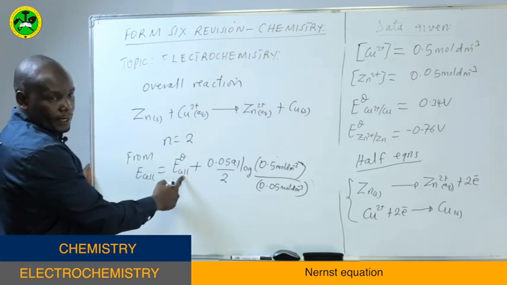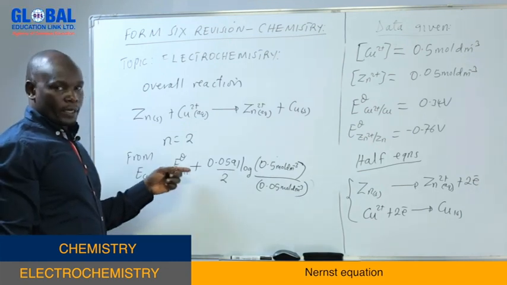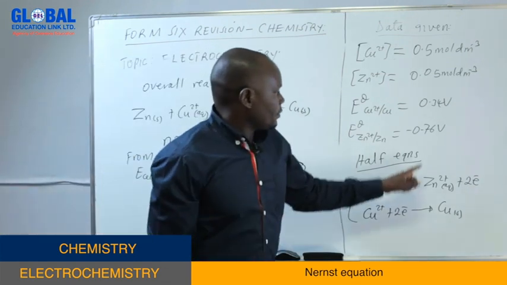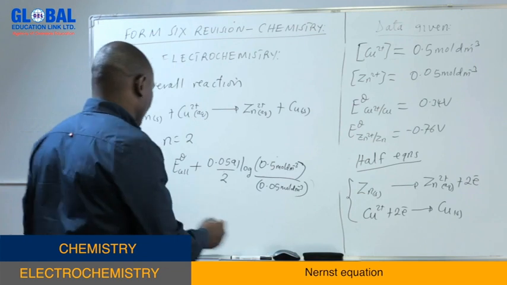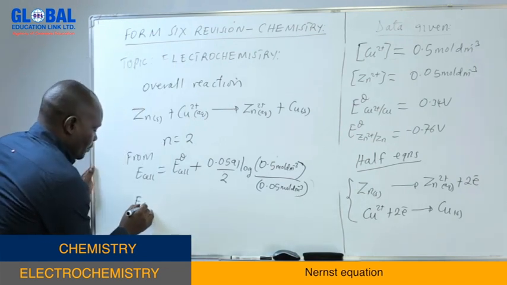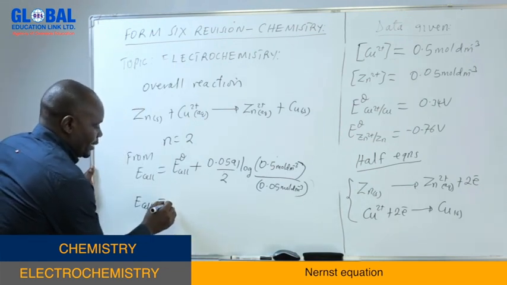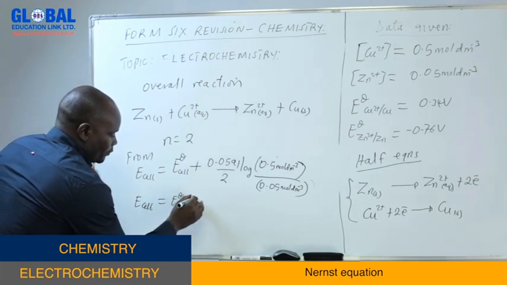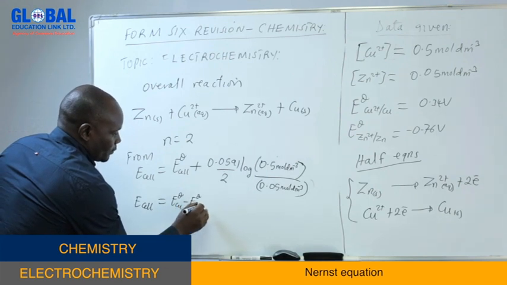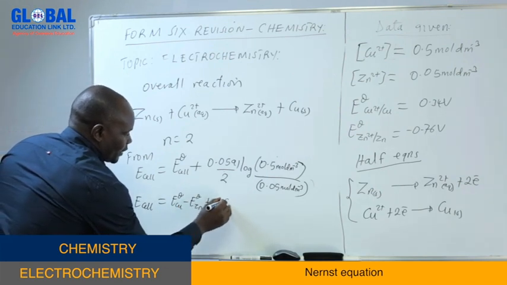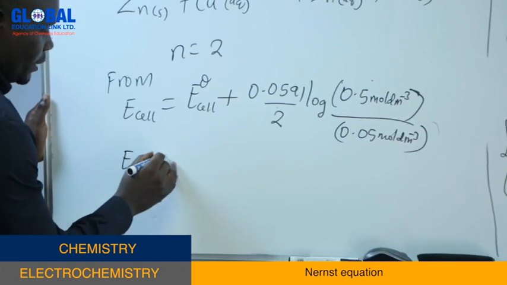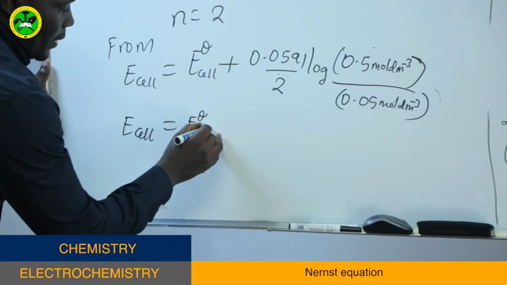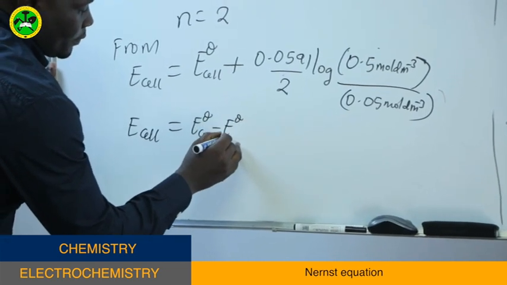Now the E of a cell is equal to E cathode minus E anode, and E cathode here is copper. So the EMF of the cell will be equal to the standard electrode potential of copper minus that of zinc, plus 0.0591 over 2, then log of the concentration of reduced species over oxidized species.